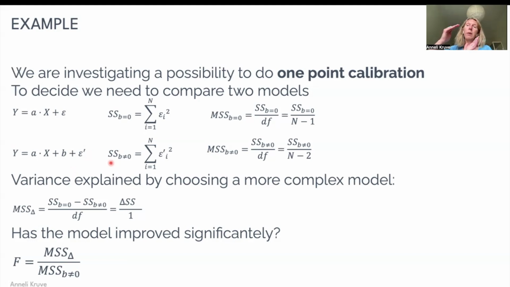So does adding the intercept substantially improve the fit of this linear line? This becomes again a comparison of variances, like in analysis of variance, but here we are comparing additionally explained variance with the remaining variance for different models.